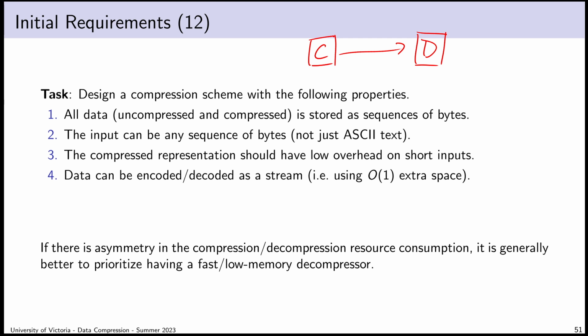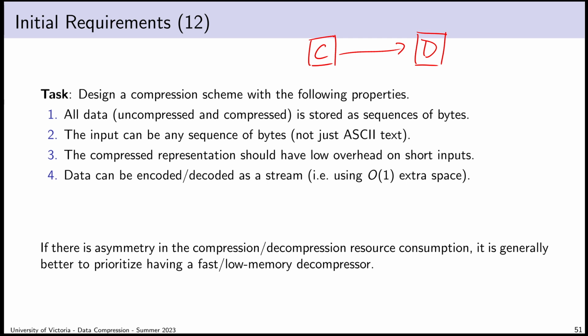Not only because that's going to happen anyway, because compression is harder, but also because often when you compress something, you might decompress it more than once. I might compress an archive file and then send it to a bunch of people, distribute it across the internet or something. So a lot of different people might be decompressing one single compressed representation.